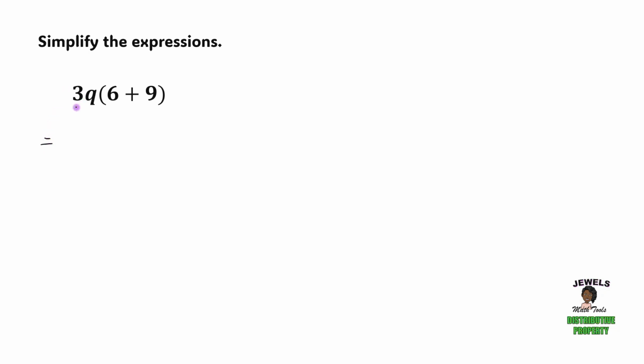So remember that when using your distributive property, this means that our term outside of our parentheses is multiplied to everything inside of the parentheses. So this means that my 3q will be multiplied to 6. And then 3q will also be multiplied to 9.